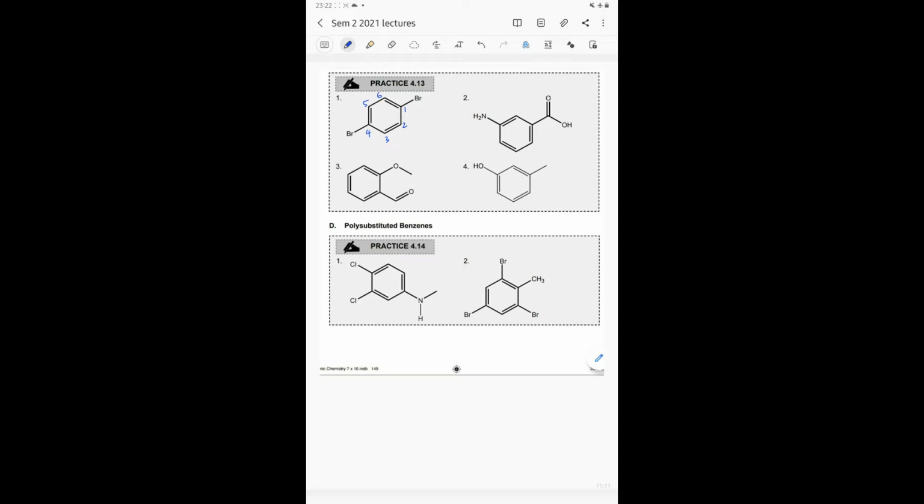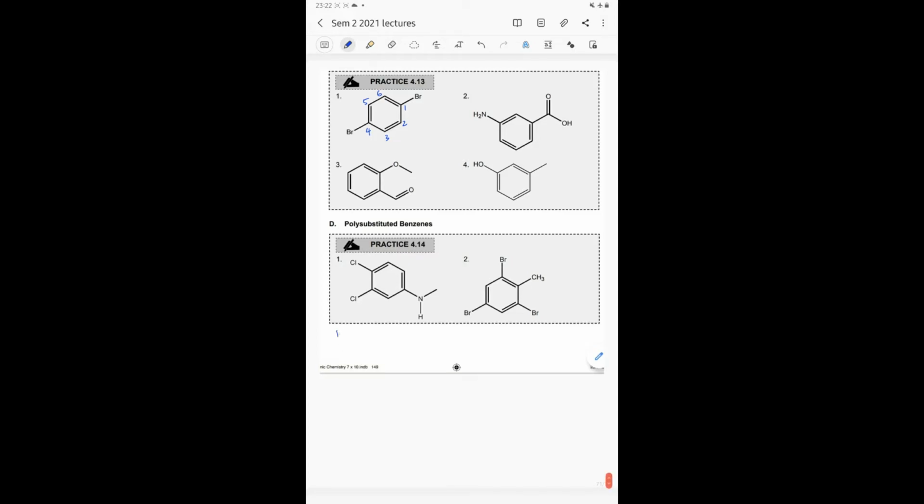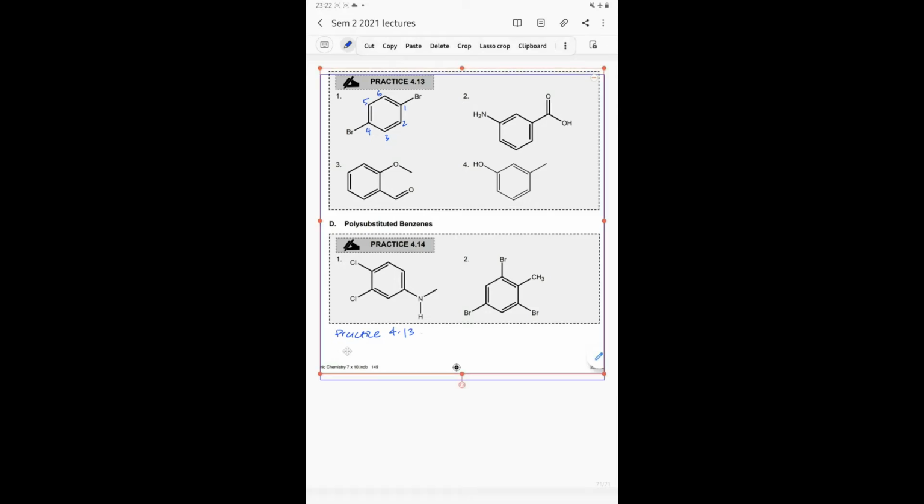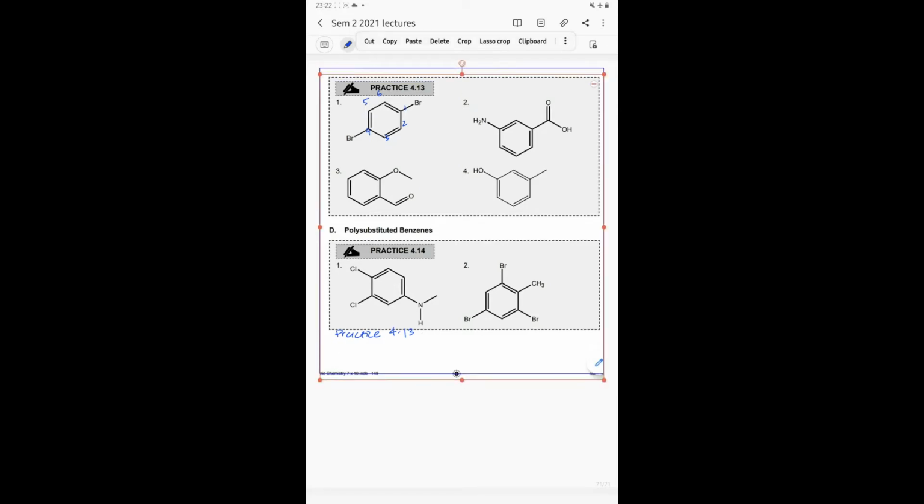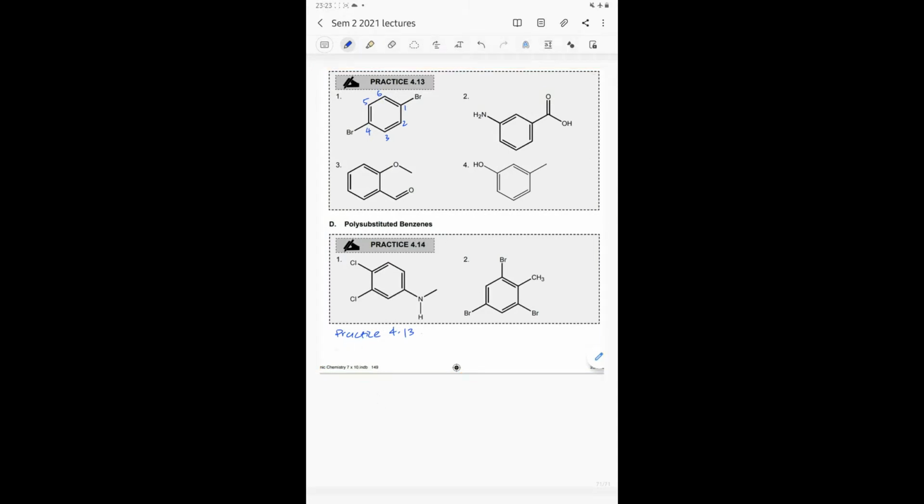For number 1, the name should be 1,2-dibromobenzene, or 1,2 position is ortho, o-dibromobenzene. O is ortho.